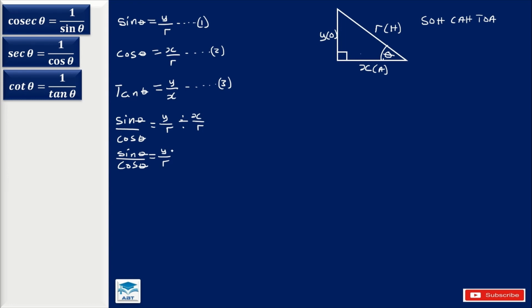Let's change the division to times and reciprocate x over r. So we have r divided by x. So the r can cancel out, and sine theta divided by cos theta is equal to y divided by x.